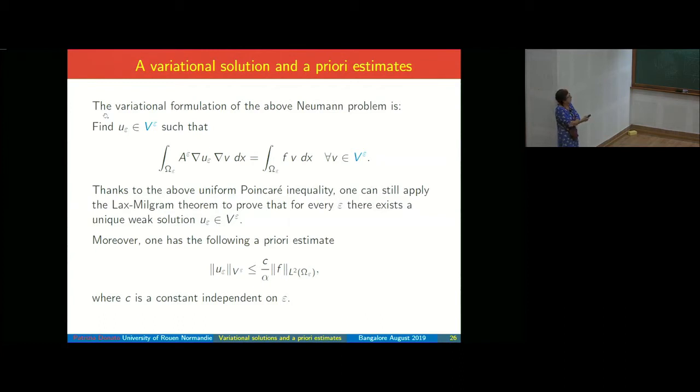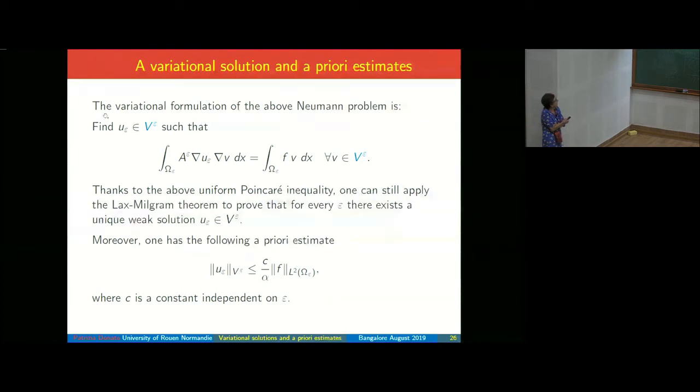Before, we put: find u in H10 of omega epsilon such that the equality holds for every v in the same space H10. But here, we require it for functions in V epsilon, which are not zero on the boundary. So although the variational formulation looks the same, the problem is not at all the same, because the test functions are in a different space, and we look for the solution in a different space.